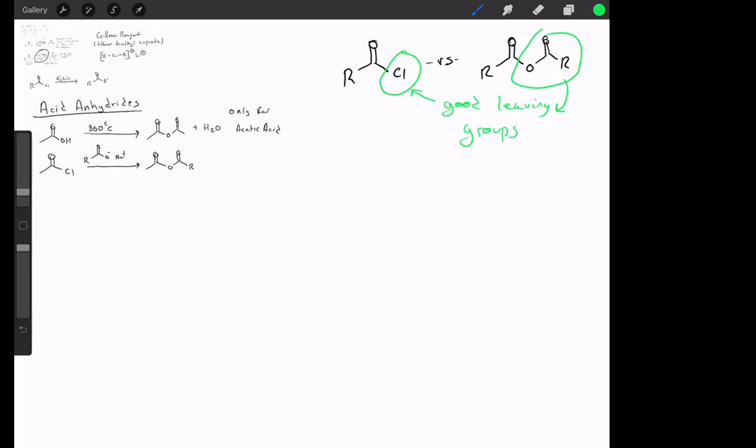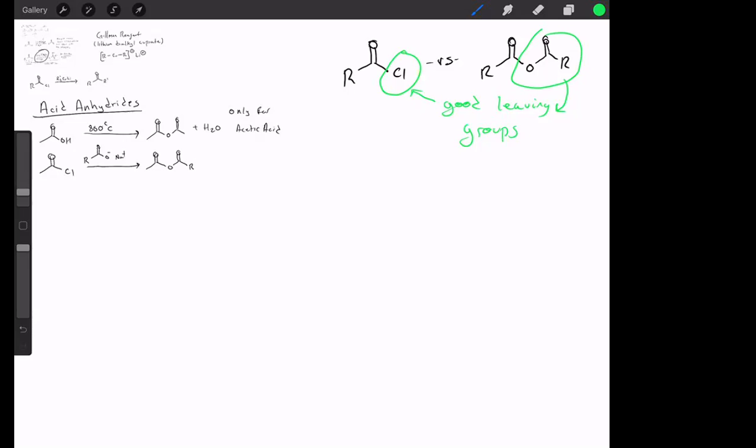So what did we learn? We learned maybe 10 reactions for acid chlorides. We're going to have about the same number of reactions for acid anhydrides. But here's the thing though.